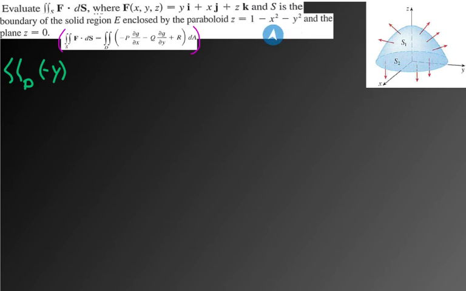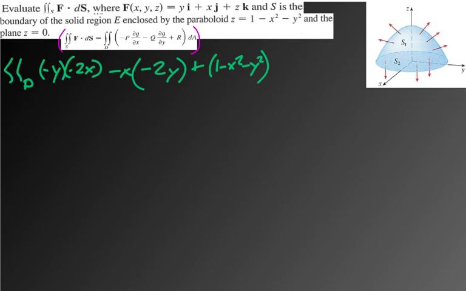I'm doing this one first, then I'll add this one. That would just be minus 2x. And then Q is x, so I got a minus x. The partial of g with respect to y is minus 2y. And then plus R is just z. And z, though, is 1 minus x squared minus y squared.